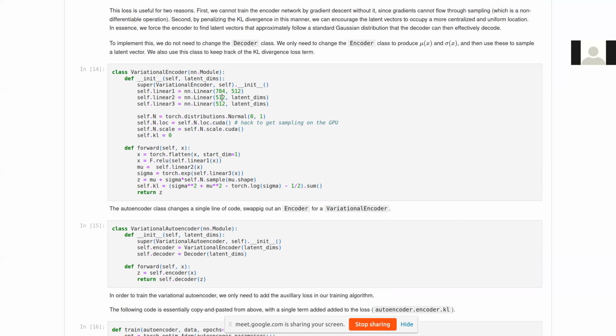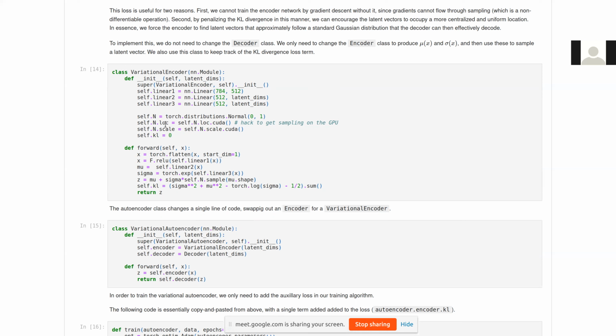However, in the second layer, instead of having a dimensionality of 512 by latent dimensions, which we had there, we have two layers, linear 2 and linear 3. Linear 2 is responsible for predicting the mean, and linear 3 is predicting the variance. Once we have this mu and sigma, we also try to find the KL divergence.